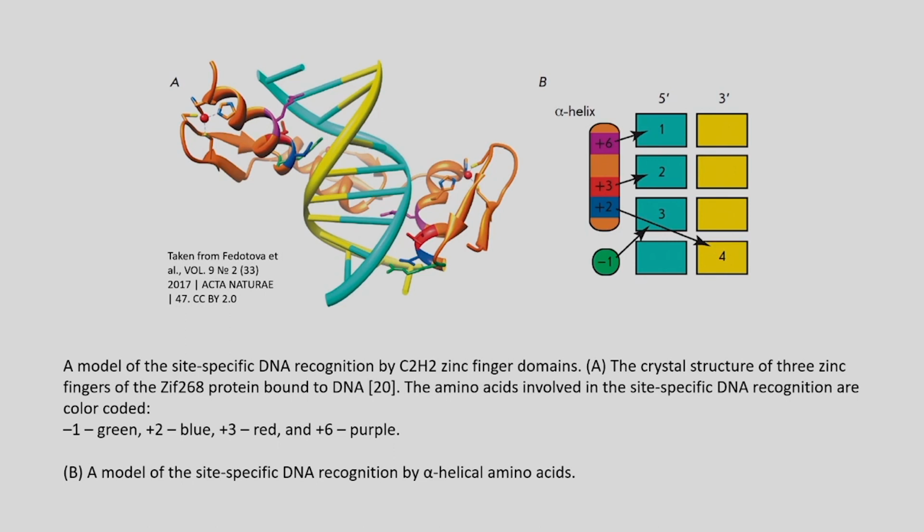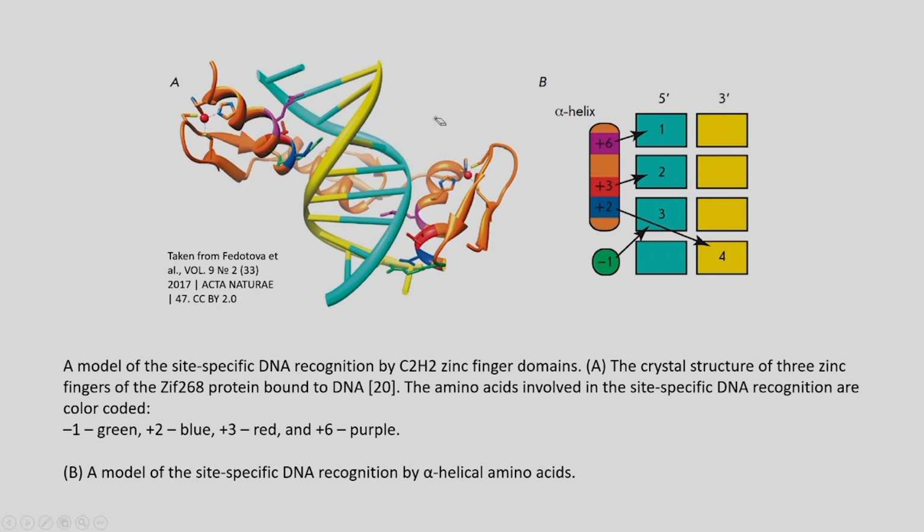In figure A, you can see the crystal structure of 3 zinc fingers of the Zif268 protein bound to DNA. The amino acids involved in the site specific DNA recognition are color coded, -1 green, +2 blue, +3 red, and +6 purple, and these are the 3 zinc fingers which are binding to the DNA molecule in the center.